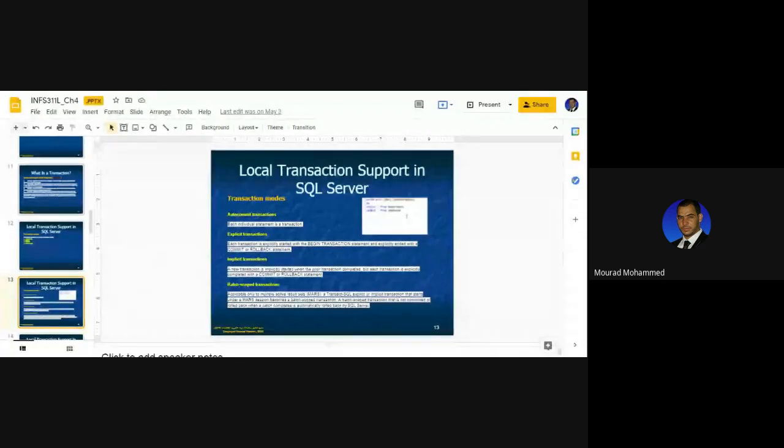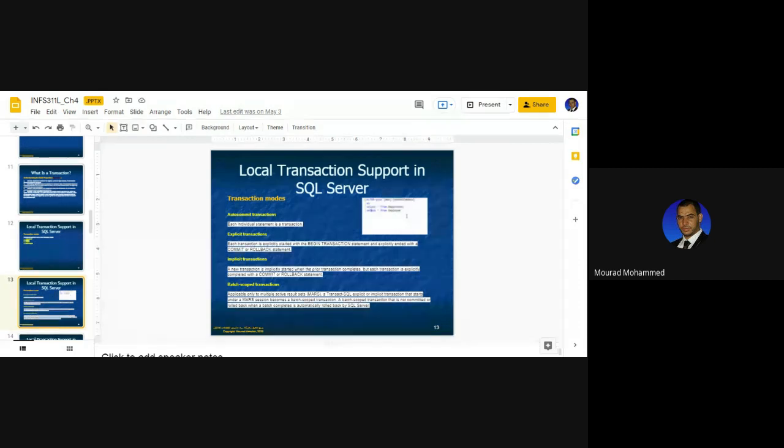So here we talk about an auto commit because the transaction is one query, and it would be passed over as a transaction that has the auto commit transaction mode.